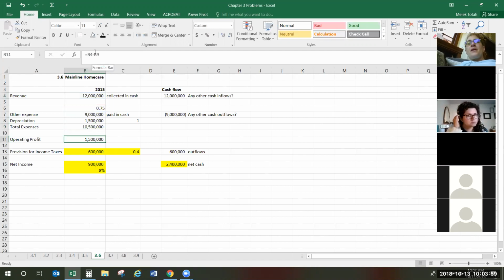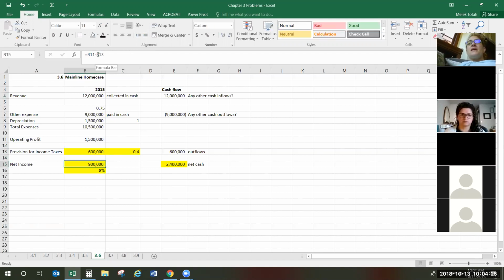Your operating income then was 1.5, which was subtracting your total expenses from your revenue. Your provision for taxes now. So it said that it was 40%. Okay, 40%. So you would multiply your operating profit by 40% to come up with your provision for taxes. So your net income then would have been, less taxes, right? Less your provision for taxes.